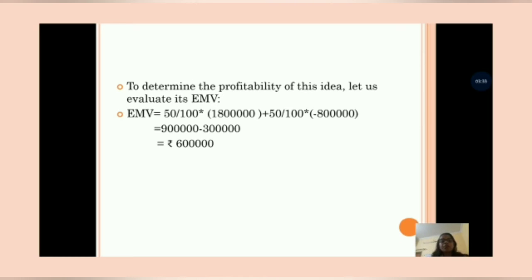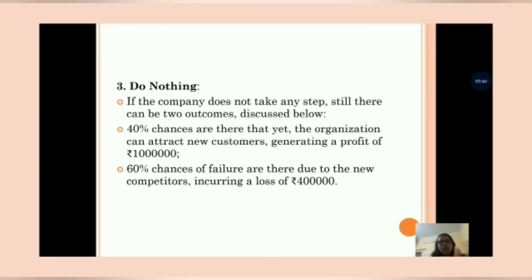Whereas if the company makes no changes to its existing product line, then there are 60% chances that the company may suffer loss and fail due to new competitors, and the loss incurred is rupees 4 lakh.